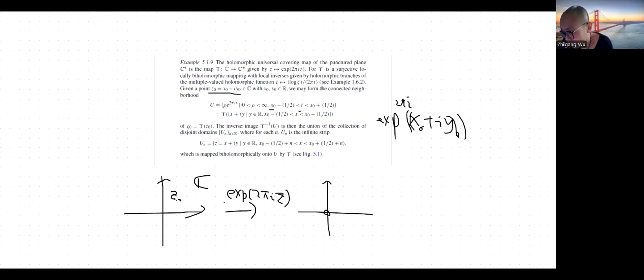That is equal to the exponential of 2 pi i x naught minus 2 pi y naught.